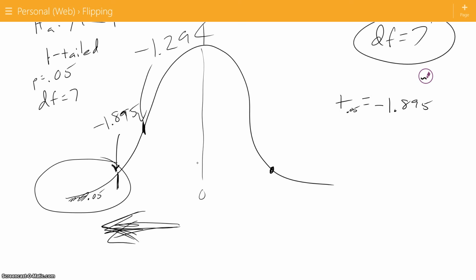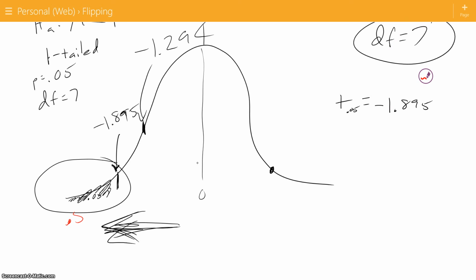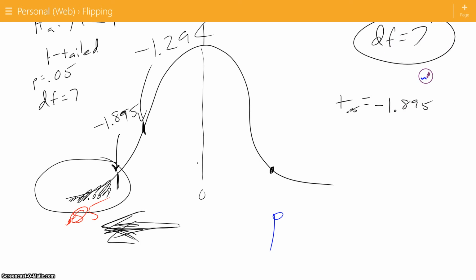This is where area down here to the left would be where our probability is 0.05. So in this case, we've got p is greater than or equal to 0.05. That's why it's over there.